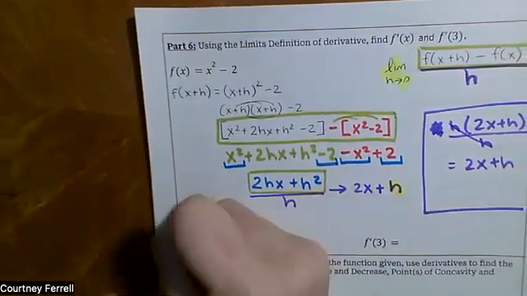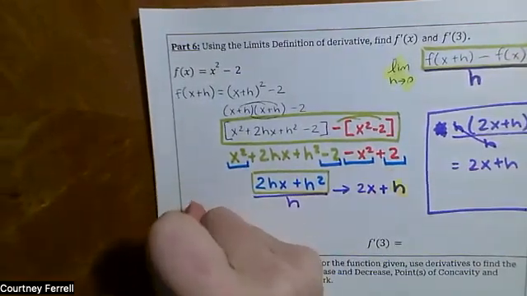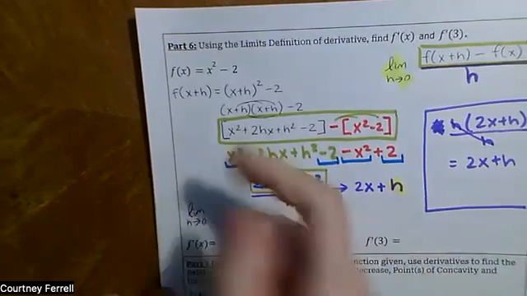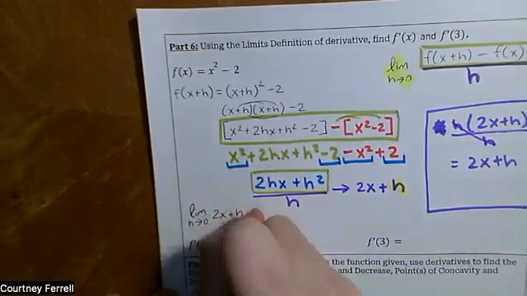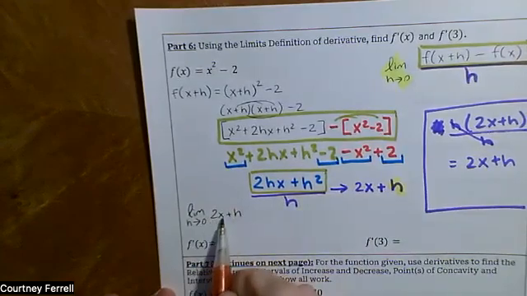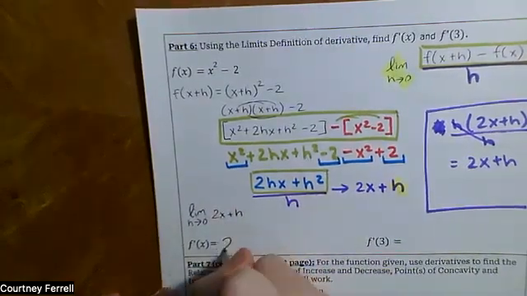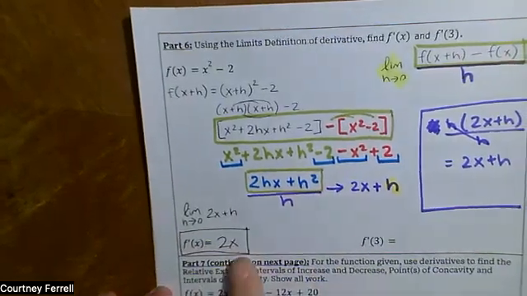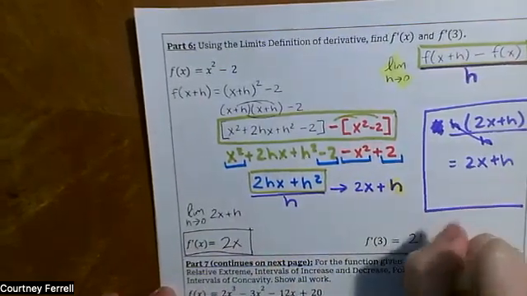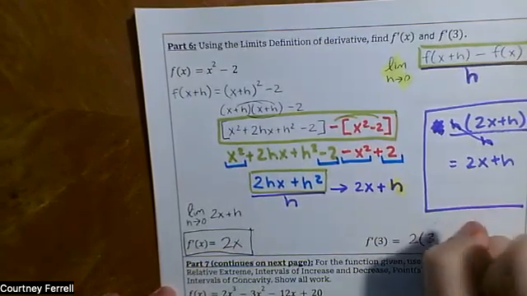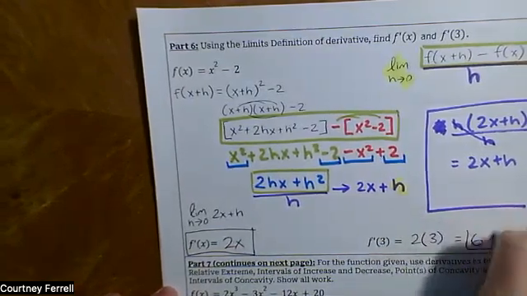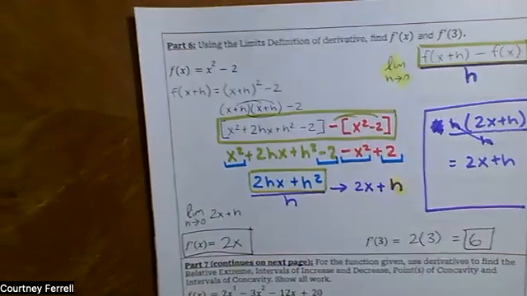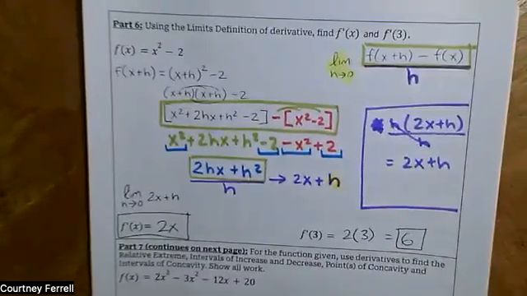The limit as h approaches 0 of 2x plus h. Plug in 0, and you're just going to have 2x plus 0, which is 2x. So that's this answer. And then to get this answer, you need to plug in the x value. So 2 times 3 is 6. Cool, all right, that was part 6.